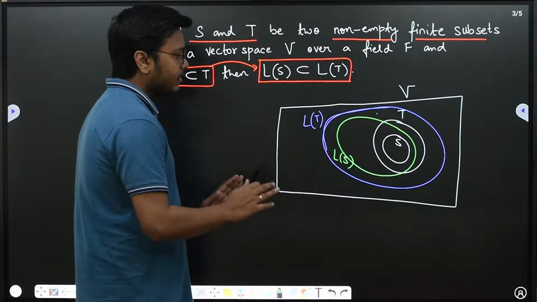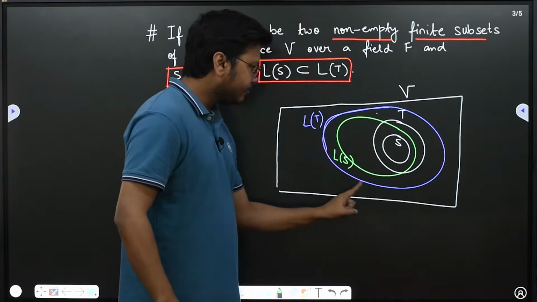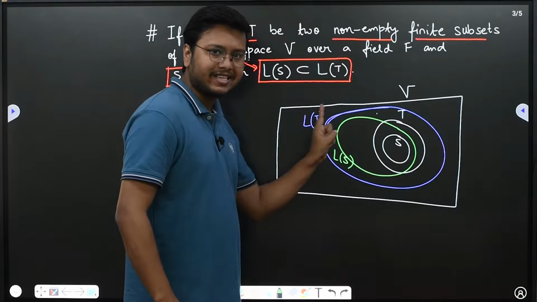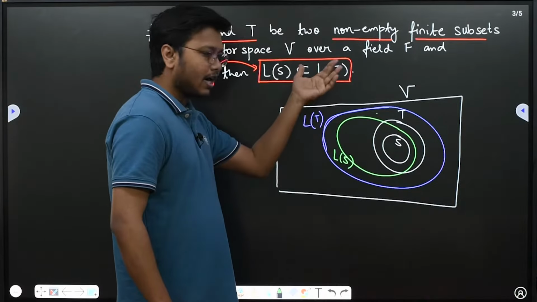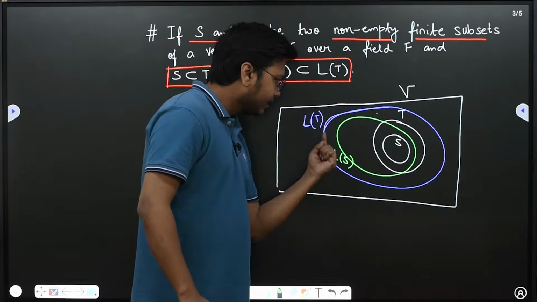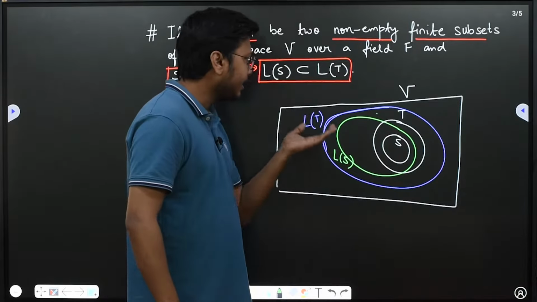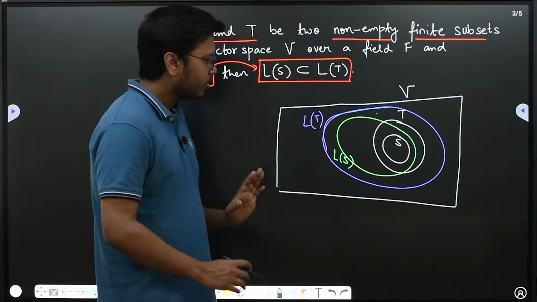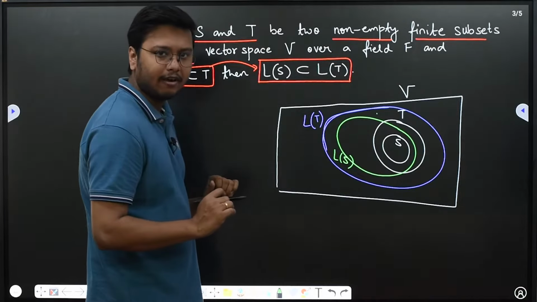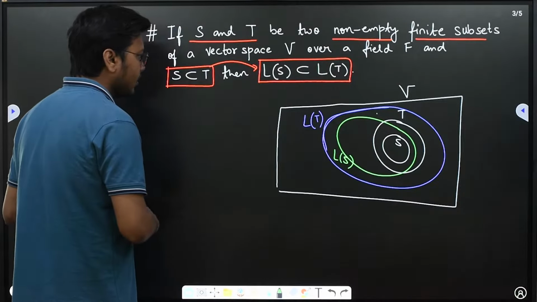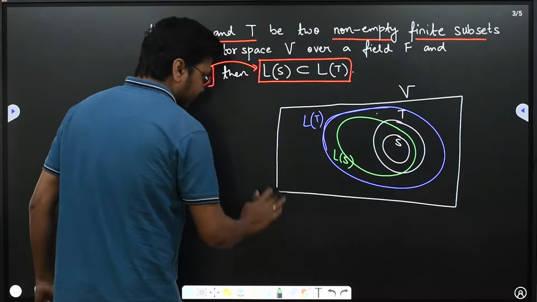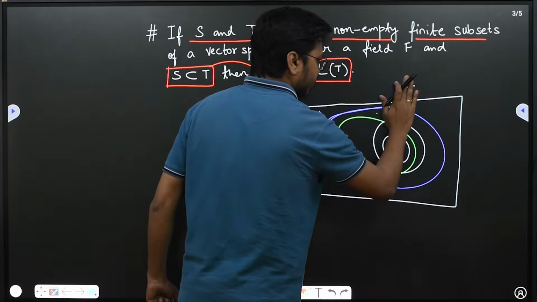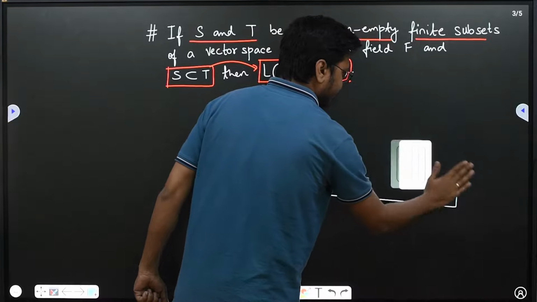So we have to show that L of T, the blue set which I have drawn, is a larger set, and the green one, L of S, lies completely inside it. That means L of S is a subset of L of T. This is something that we have to prove. Let me just erase whatever I have drawn.